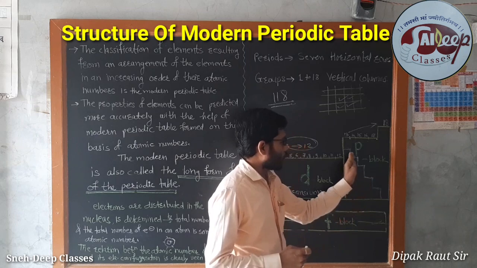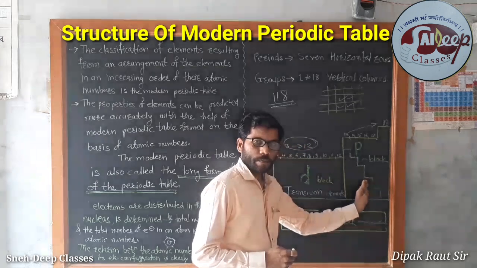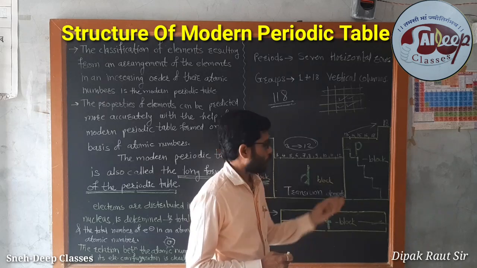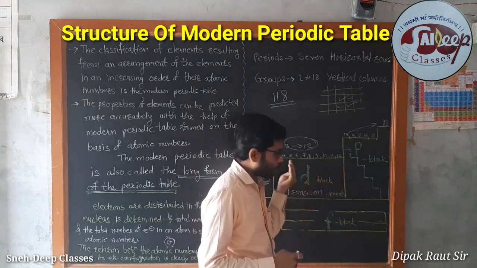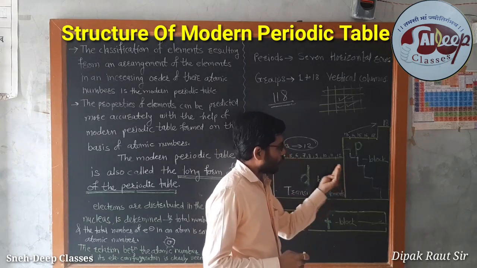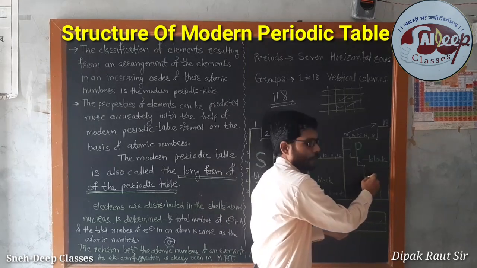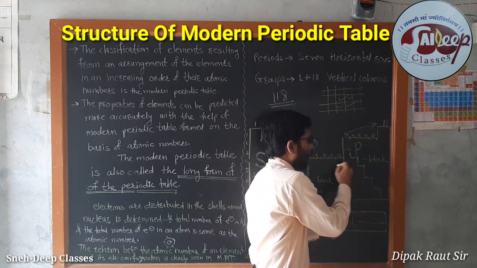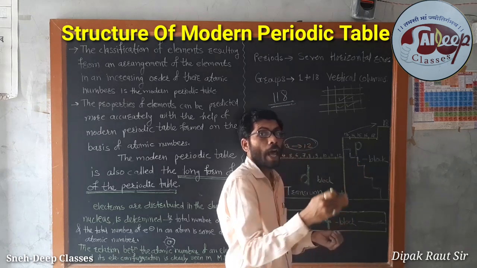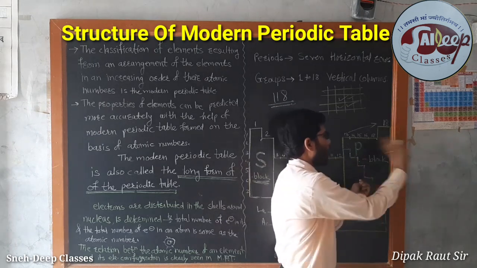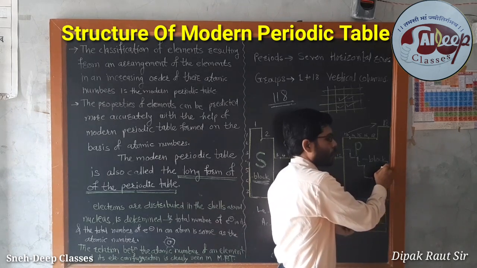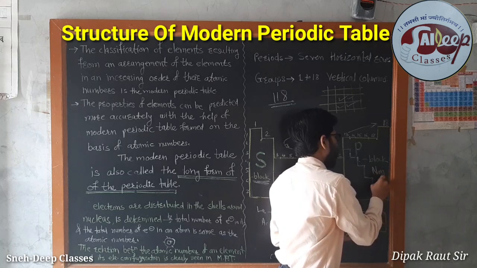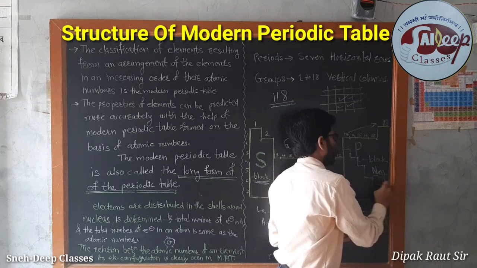The left side of this zigzag line is considered a metal, and the right side of the zigzag line is considered a non-metal.